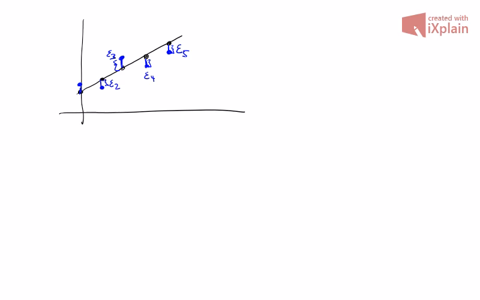That's epsilon 2, that's epsilon 1. And as you can see, epsilon, or maybe let's stay in blue, epsilon 5 is something negative, so it's minus 0.01, for example.